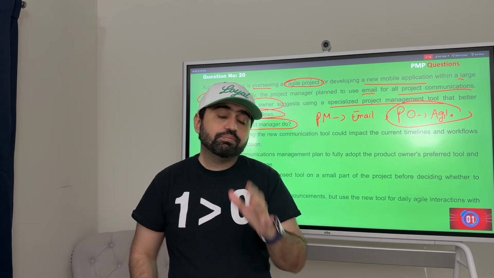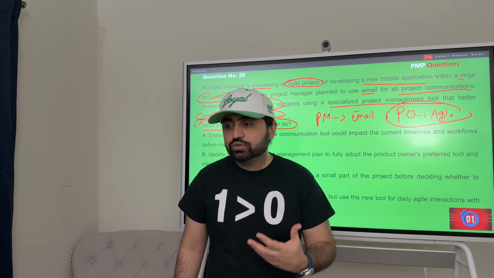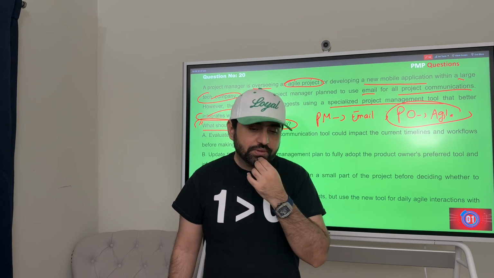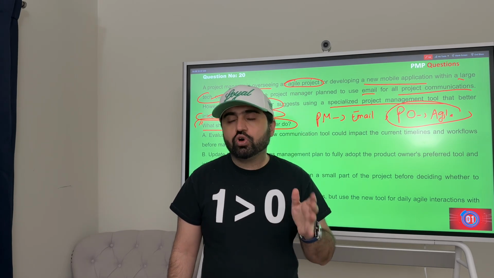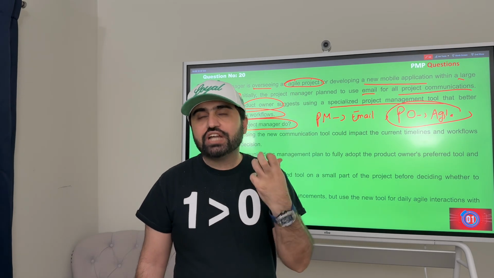A very important thing I want to state for those who are learning to solve a PMP question is that when you are practicing, don't worry about how much time you are taking.